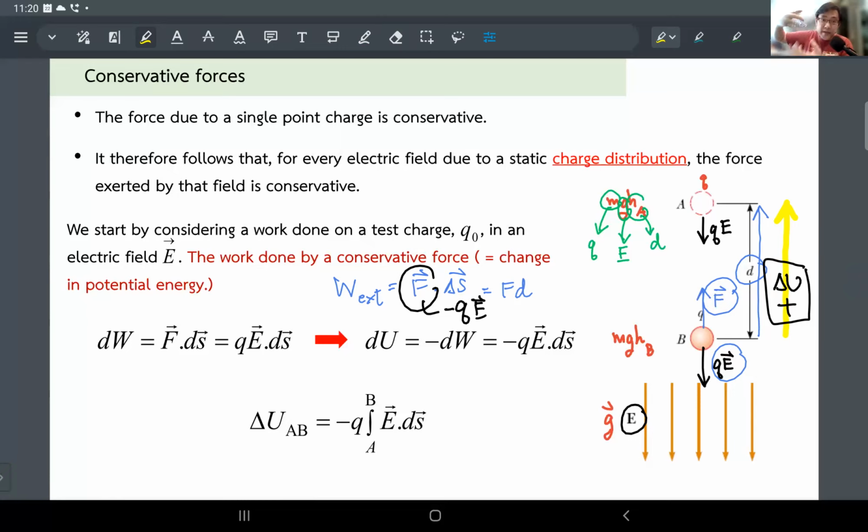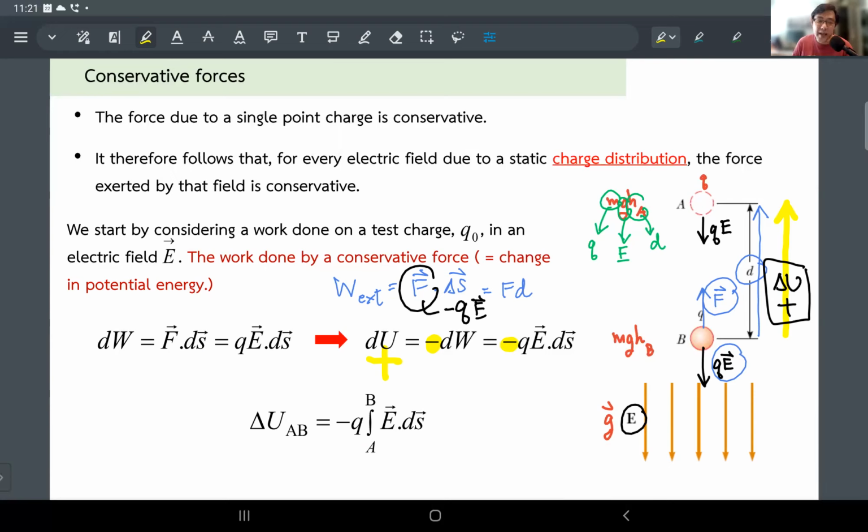So that is the reason why we need a negative sign, because when you do a positive change in energy, you have to do it against the field, or that is going to be the negative work done, the W due to the external force. You guys with me now?